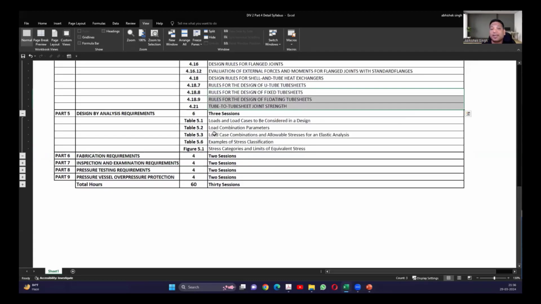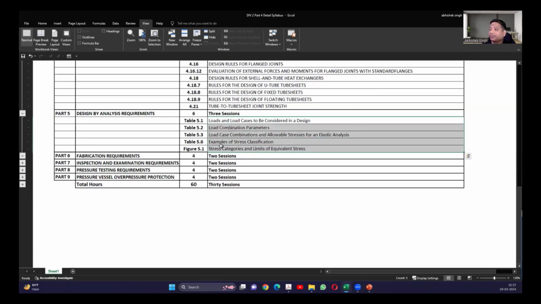Design by analysis, part 5: the loads and load cases, which are very, very important. Load combination parameters, load case combinations, and examples of stress classification, which will be required for you as a report reviewer. So stress categories, all that we have covered.